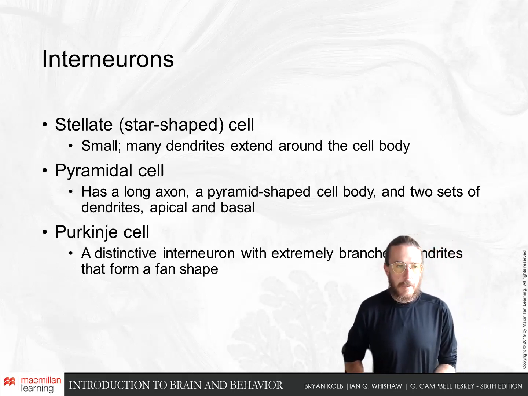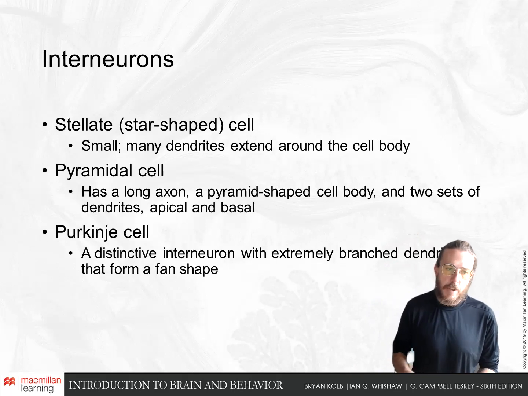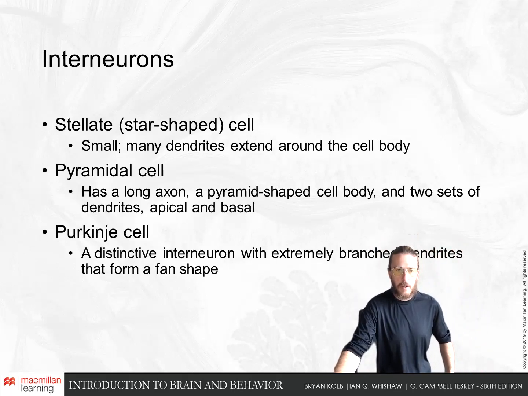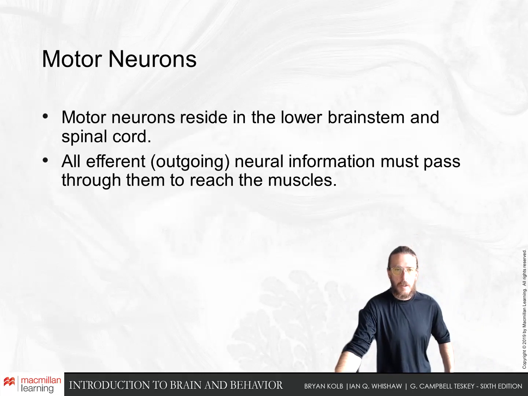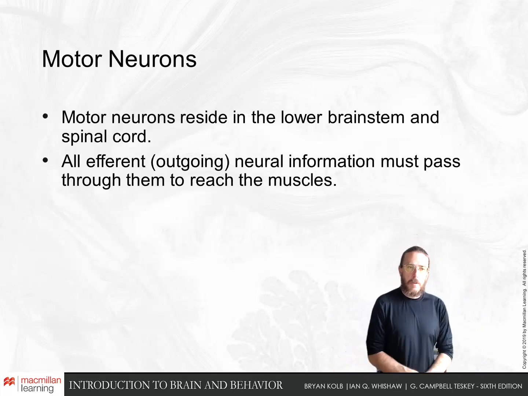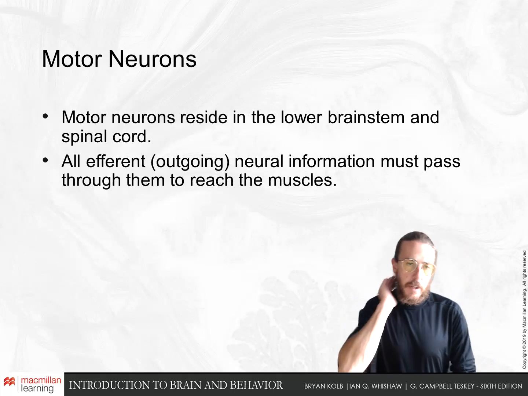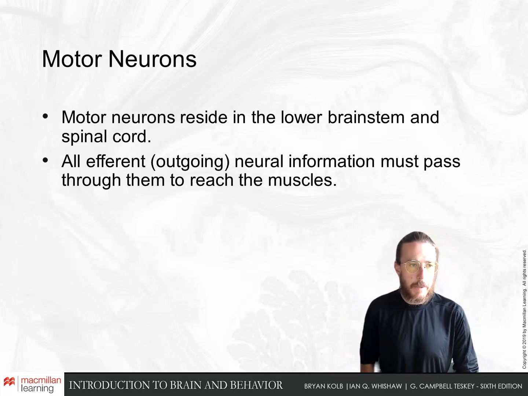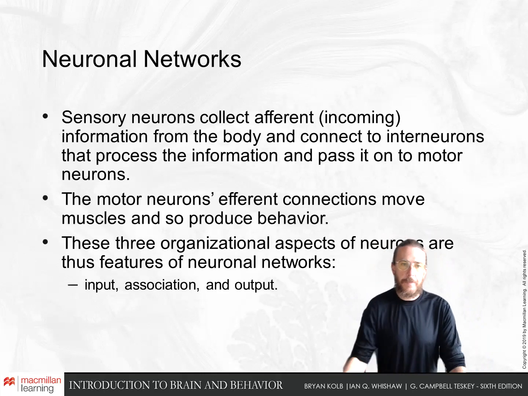We've already talked about these three types of cells as well. So the motor neurons reside down in the lower parts of the brainstem and send their axons all the way down to the muscles of your body. And everything going out to your body must pass through them.